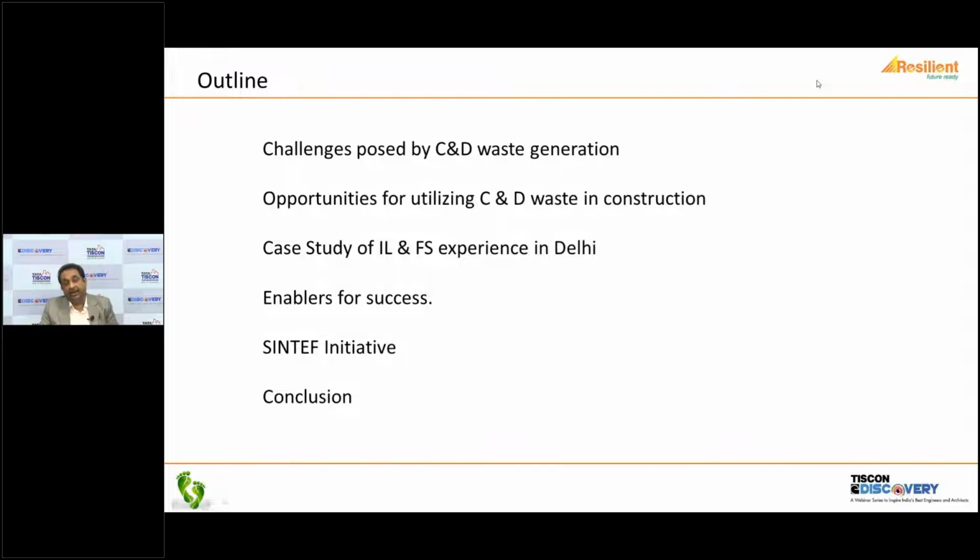I'll talk to you about the enablers for the successful operation of C&D waste management. And SINTEF of Norway has been doing a bilateral project in India. I'll give a very brief about what they do in supporting the Indian initiative of construction and demolition waste.